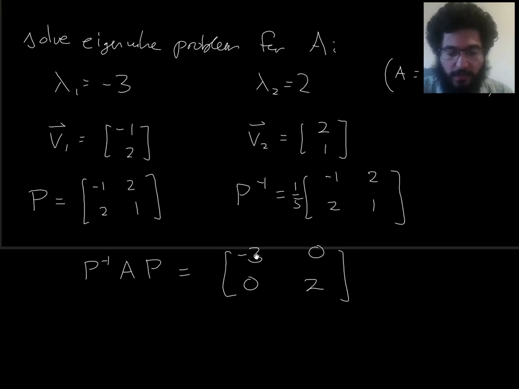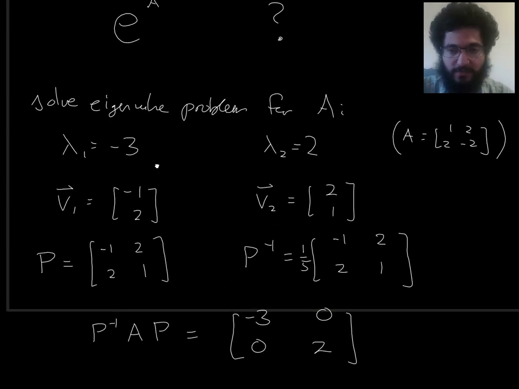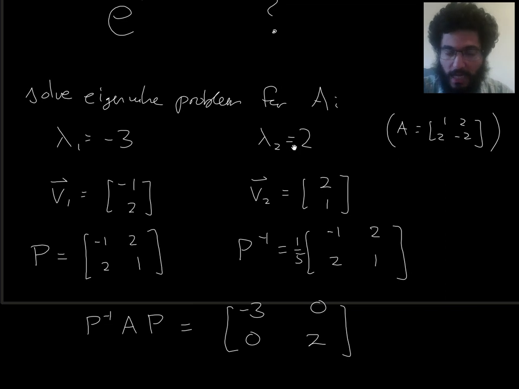All right, and you can see what's on the diagonal. It's showing you exactly the way in which A acts diagonally upon those coefficients in linear combinations of eigenvectors: it scales the first coefficient by negative 3 and the second coefficient by 2. So what you're seeing here is the eigenvalues. Now when you're doing this, pay attention to the order in which you list your eigenvalues. You can choose any order to begin with, but whatever you choose, stick with it.